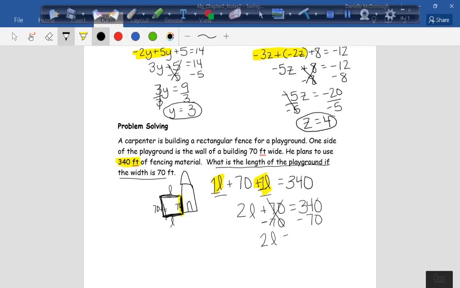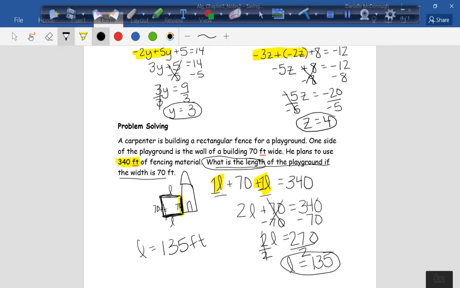And I'm going to have 2L is equal to 270. I'm going to divide by 2 to get L equals 135. Now I need to go back and make sure I answer the question that's asking. It's asking what is the length of the playground. So the length of the playground is 135 feet. That is the length of your playground.